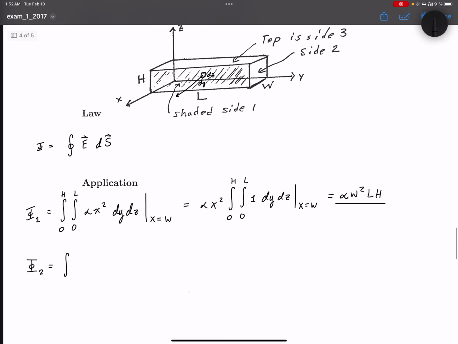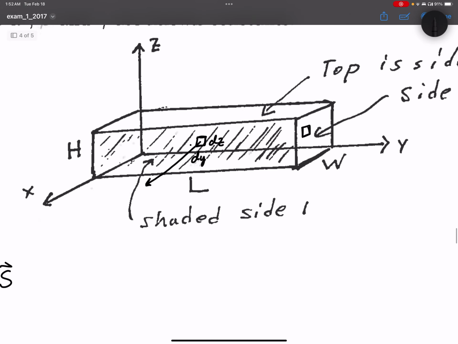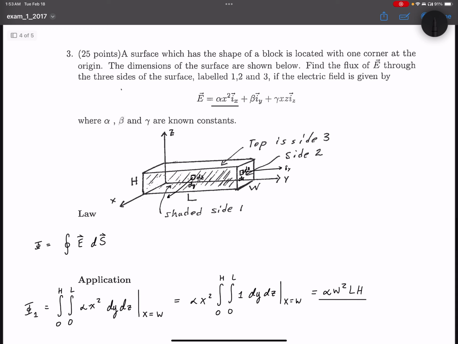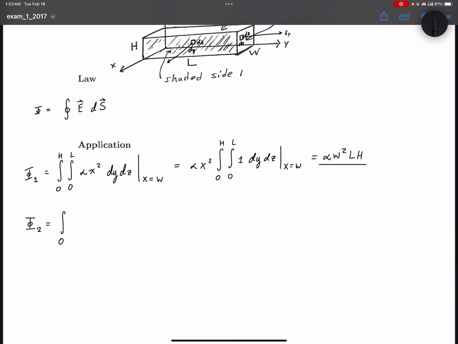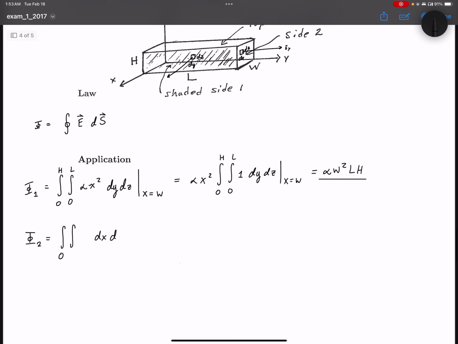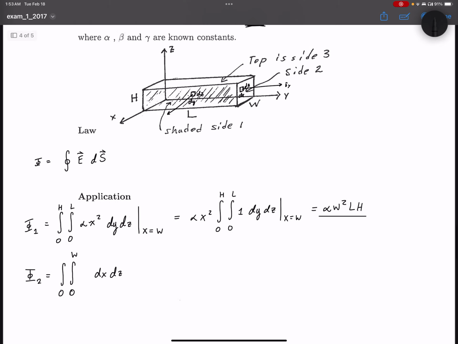All right, so side two is made up of dx dz, and its arrow is going in the same direction as the y-axis, and so we want to use the iy component now. So we'll do dx dz. X is evaluated from 0 to w, and dz is 0 to h, of beta.